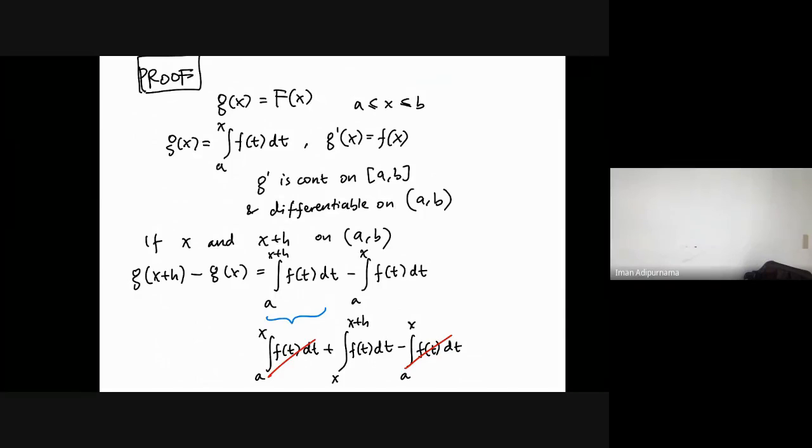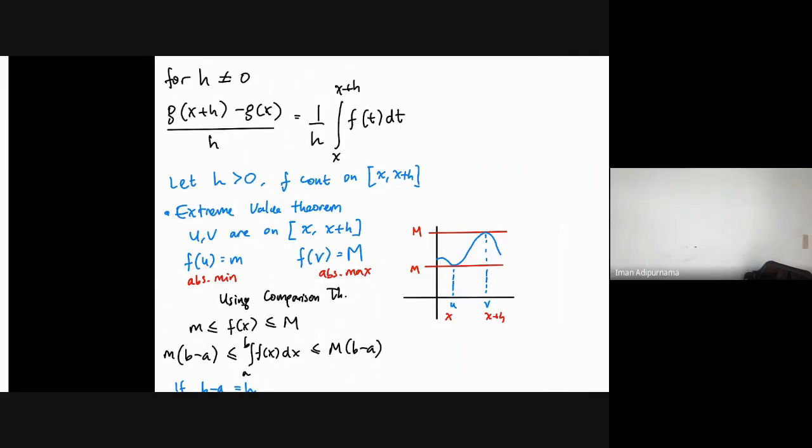That's what we want to prove. Then let's divide by h on both sides, because dividing by h gives us the limit definition of the derivative. That's why we are dividing by h, and h should not be 0.